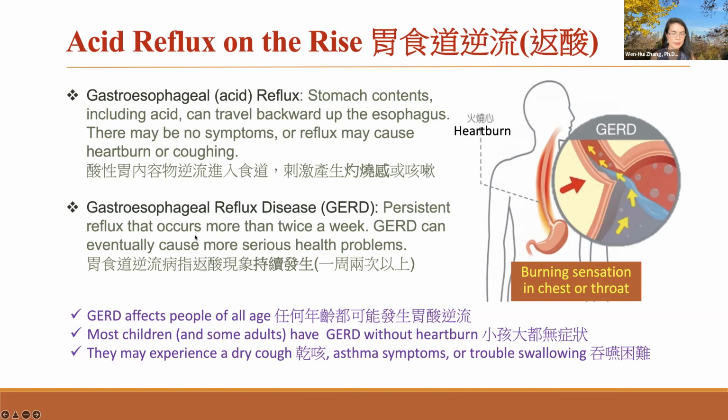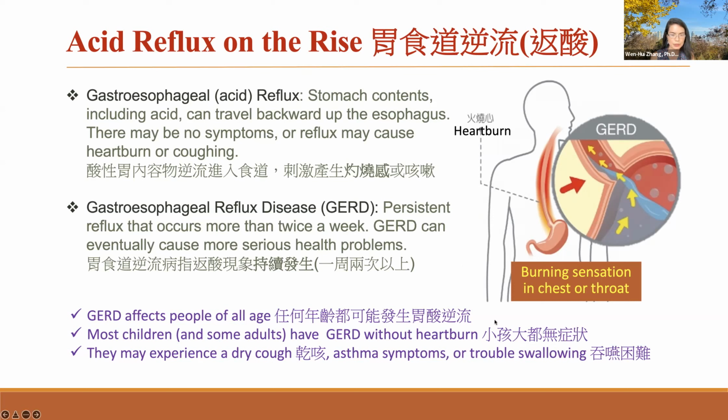When acid reflux occurs more than twice a week, it's considered a chronic health issue. It's called GERD, and GERD can eventually cause more serious health problems. GERD affects people of all ages. It can occur in infants or young children.